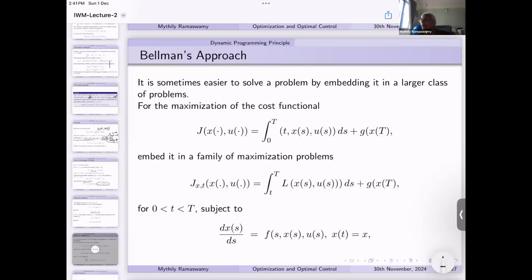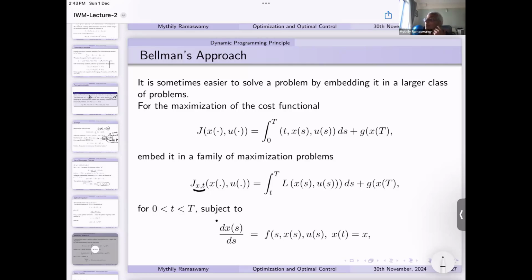So we have J, which has more dependence. It depends on x and t. Now you could ask, if I do the optimization problem, I am going to get the maximum value of J, but that function will depend on x and t because we carry this dependence. Then we could ask, how will the maximum value of J that you find vary with respect to x and t?